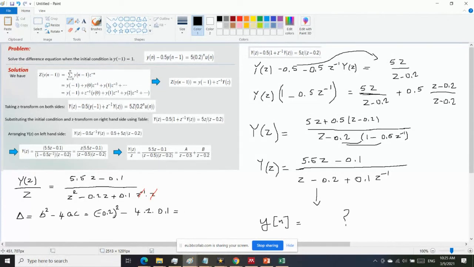So this becomes 0.2 squared, which is 0.04. Yes, a fifth of 0.2 is 0.04. Very good. Now minus, this will be 0.4. So this becomes minus 0.36. So as you can see, it's negative.